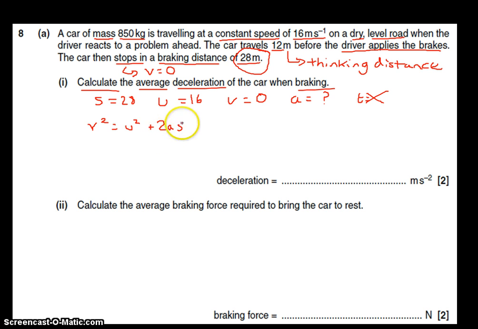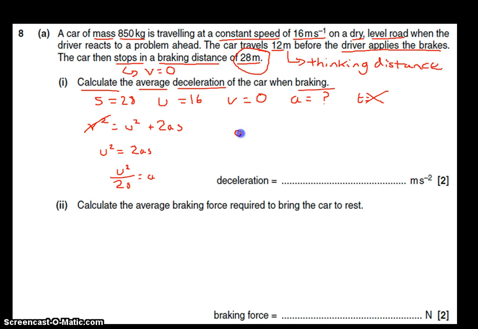Now in this question, since v is 0, this bit goes to 0, so I'm left with u squared is equal to 2as, because obviously if u squared plus 2as is equal to 0, then these two numbers must be equal to each other. Then I rearrange this to give me acceleration, so u squared divided by 2s is equal to acceleration.